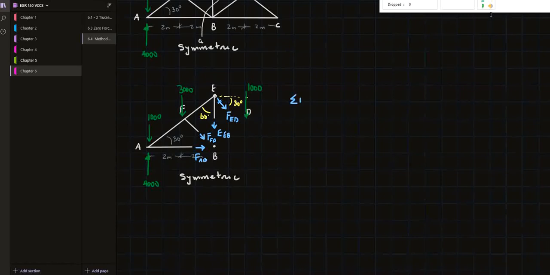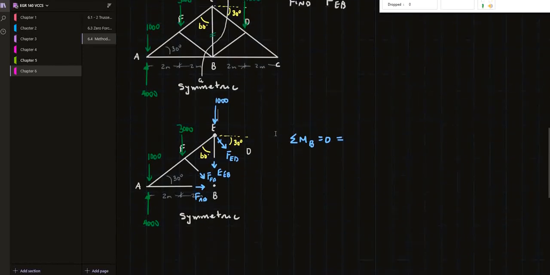So sum of moments about B equals 0. So this 1,000 actually isn't in the picture anymore. There's actually a 1,000 here. Is that in the original?